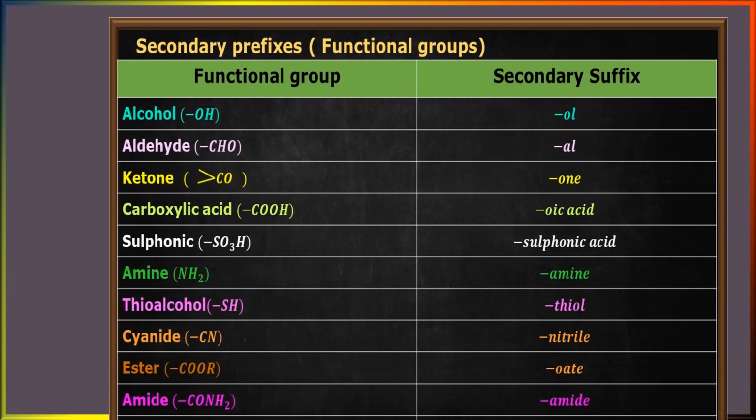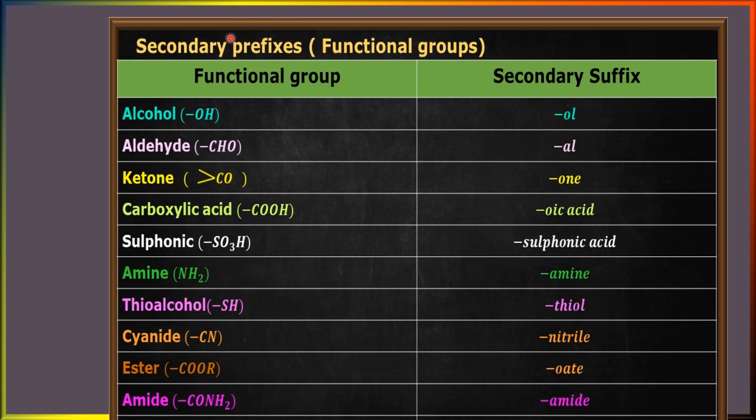I regret to tell you one thing. In our previous videos, I used this board at several places to provide the information regarding functional groups like this. But accidentally, I typed the word prefixes instead of suffixes.